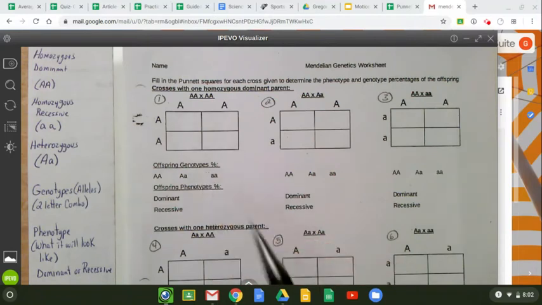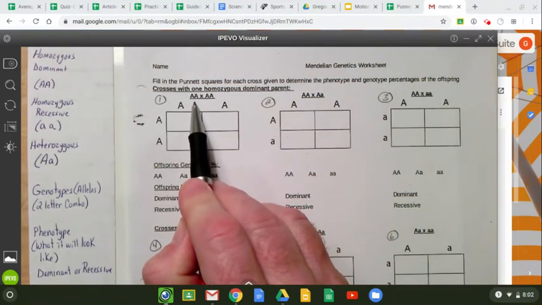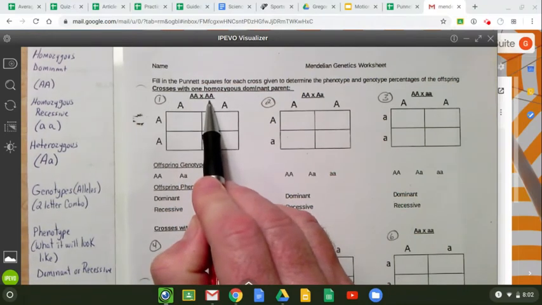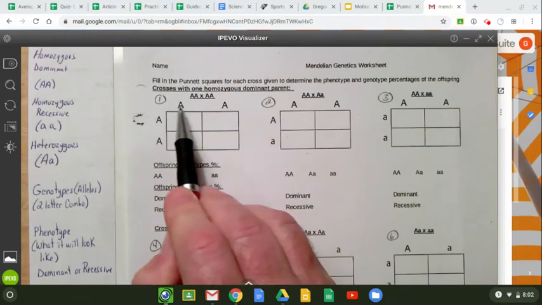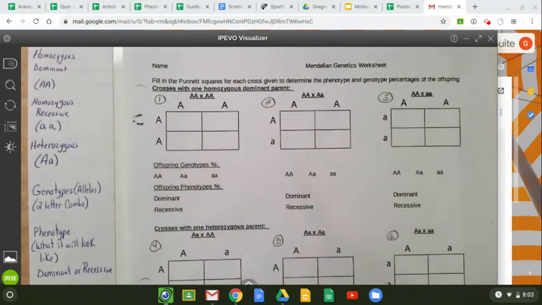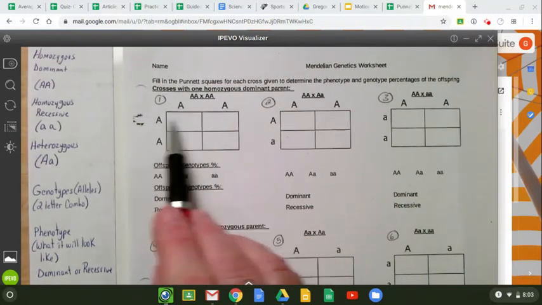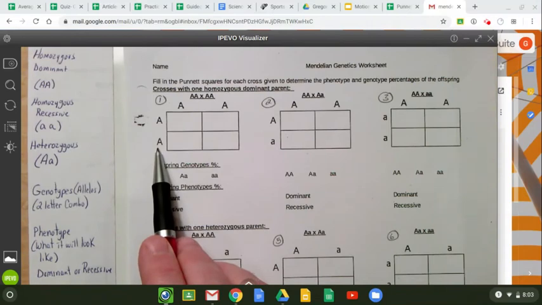Okay, so here in Punnett Square number 1, we are going to cross homozygous dominant with another homozygous dominant. And as you can see, we put 1 parent up top, 1 parent to the side. So for our purposes here today, why don't we say that the father's genotypes will be on the top, the mother's genotypes will be on the side.